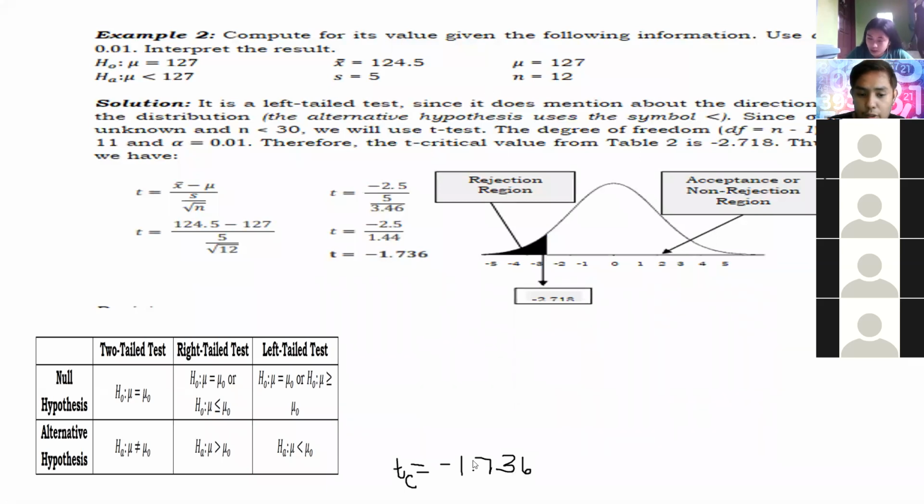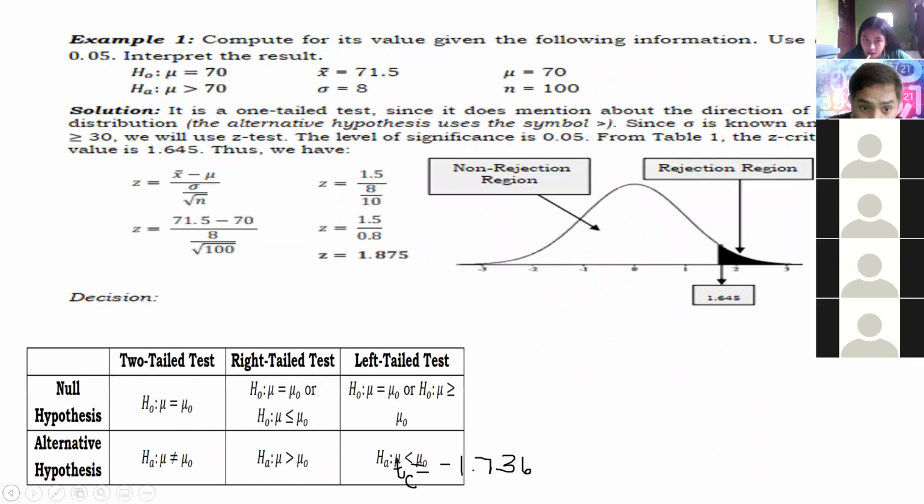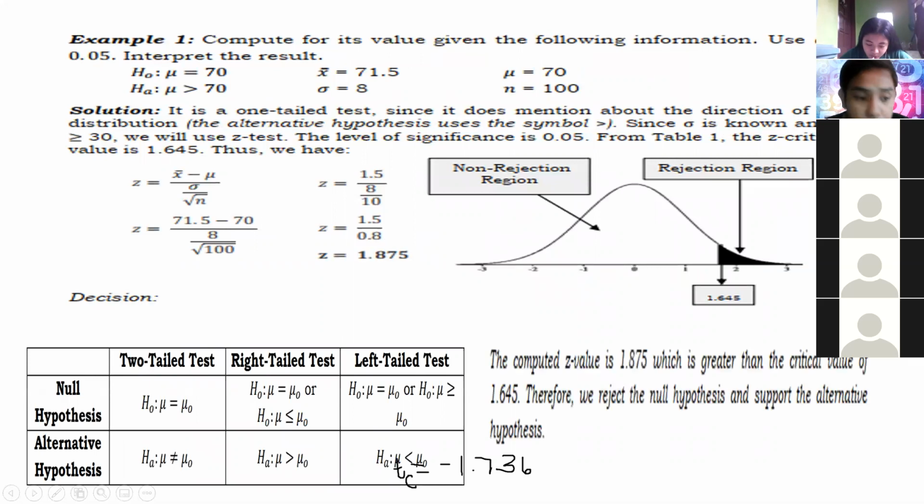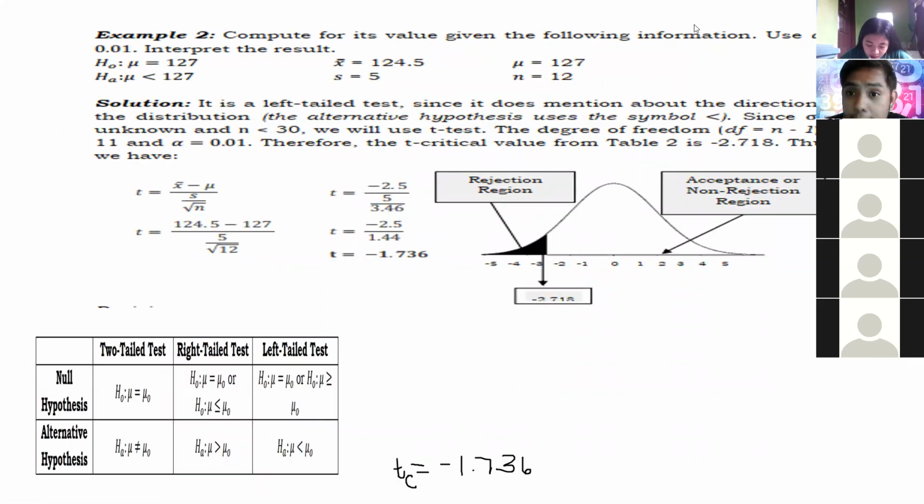So punta tayo doon. Balik lang muna tayo. So, ang titingnan natin ay 11. Ngayon, ang sabi natin, that is for one-tailed. So, tingin tayo sa taas, 0.05, 0.025, 0.1, and 0.05. Ano bang given sa atin? Use 0.01. 0.01 ang gagamitin.